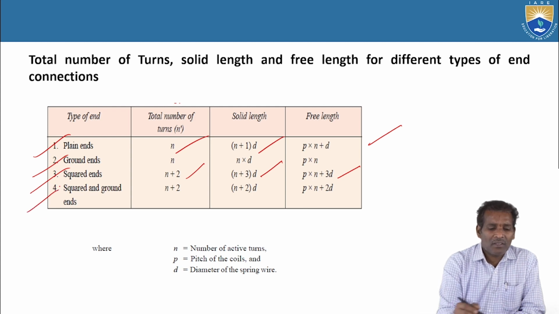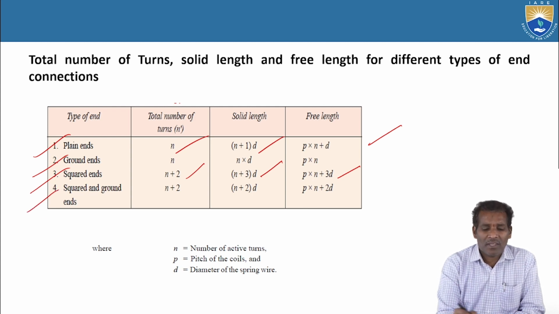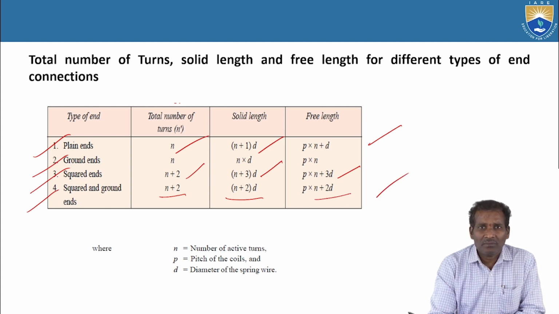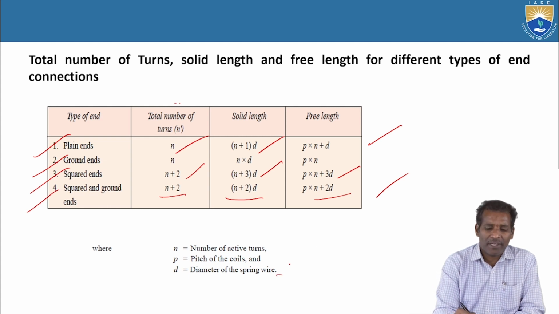Squared and ground ends: n plus 2, n plus 2 multiplied with d, and pitch multiplied with n, plus 2d. So this is the table related to end conditions, where n is the number of active turns, p is the pitch of the coil, and small d is the diameter of the spring coil.